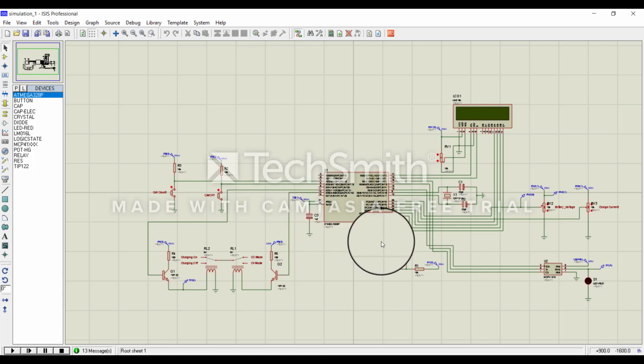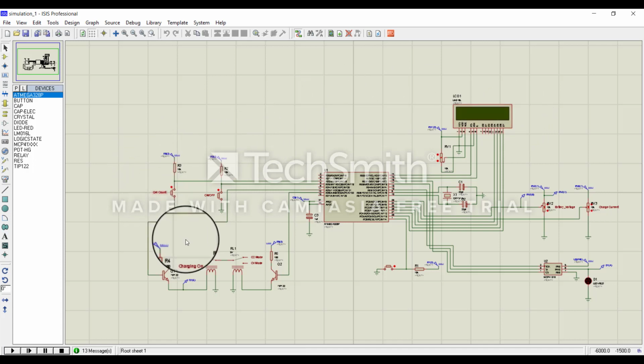This Atmel 328P will constantly monitor the battery voltages and accordingly control the relays for various charging modes like CC mode, that is constant current mode, and CV mode, that is constant voltage mode. The status of the battery will be displayed on the LCD, and we will get the real-time status of the battery at every instant.